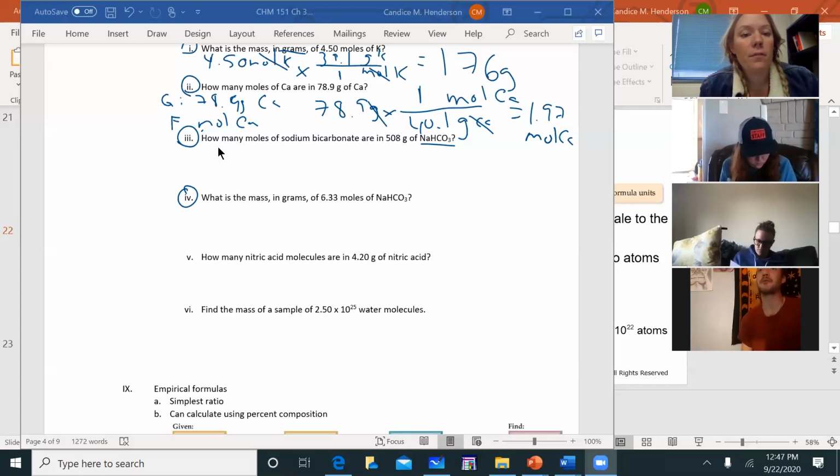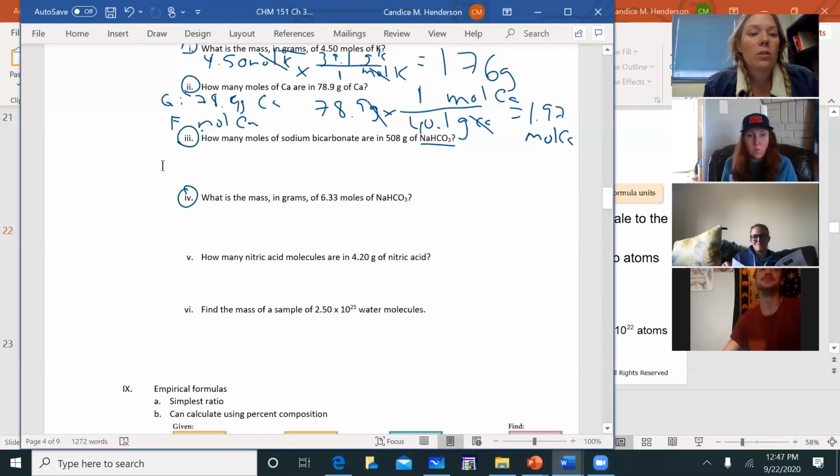All right, so for the first one, how many moles of sodium bicarbonate are in 508 grams of sodium bicarbonate? So we start with our given information always. 508 grams of this NaHCO3.